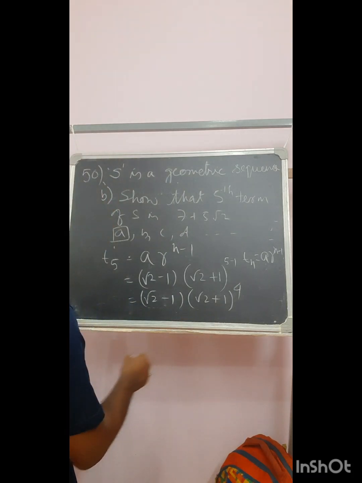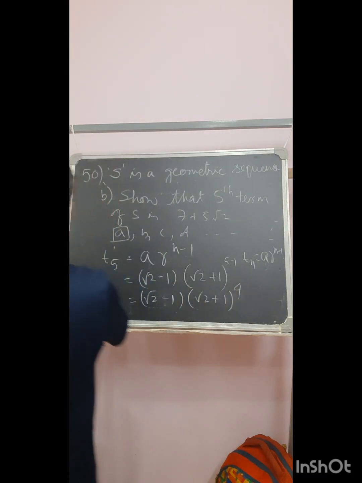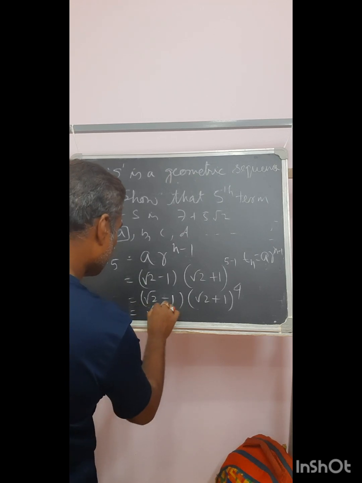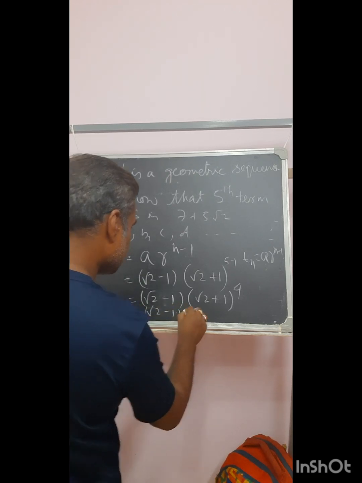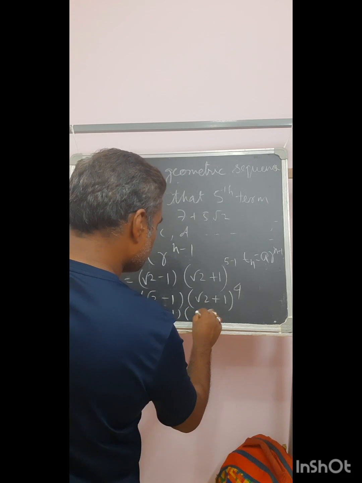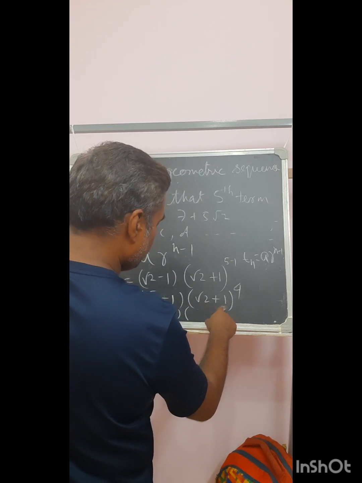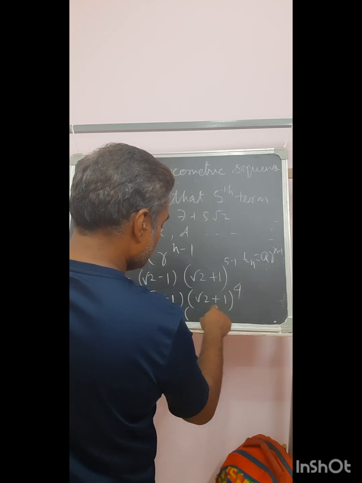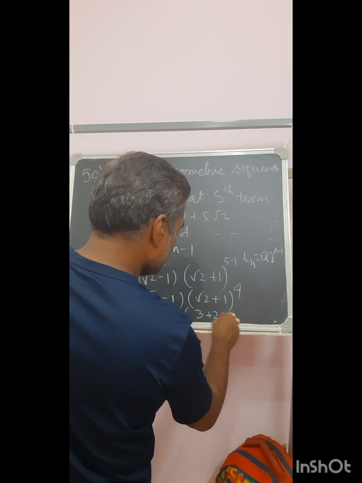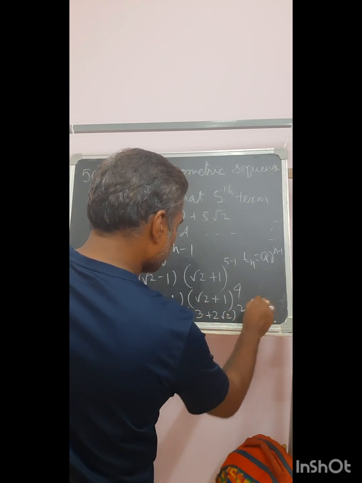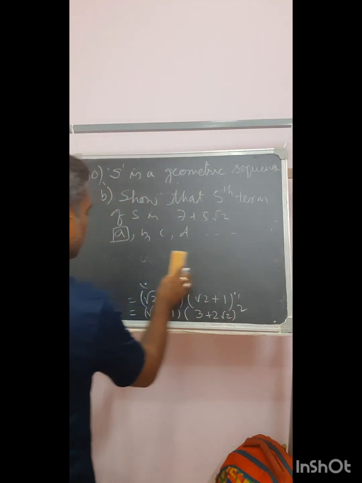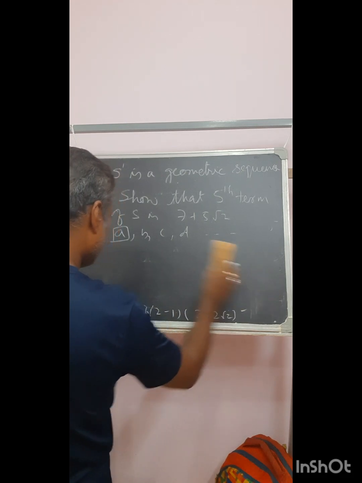Now you have to expand this. You might not know the formula for the whole power 4, so you can break it into parts. First we do the square of this, then again the square of that. If I do one square of root 2 plus 1, I will get 3 plus 2 root 2. Then I have to do the square of that. In the next step, I can calculate the remaining thing.